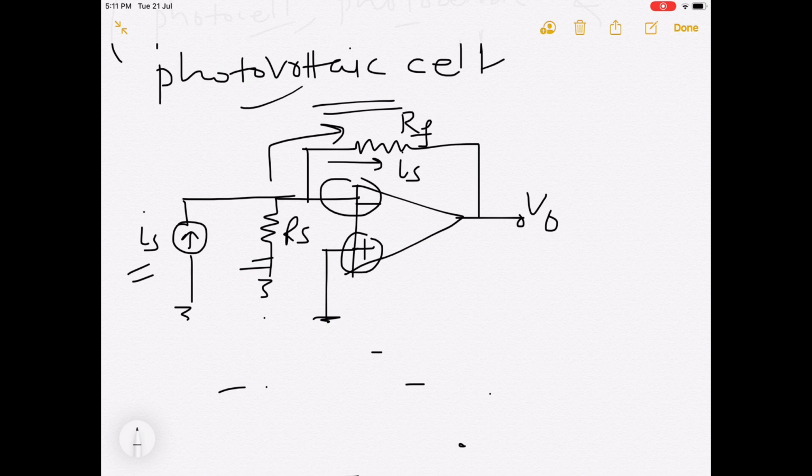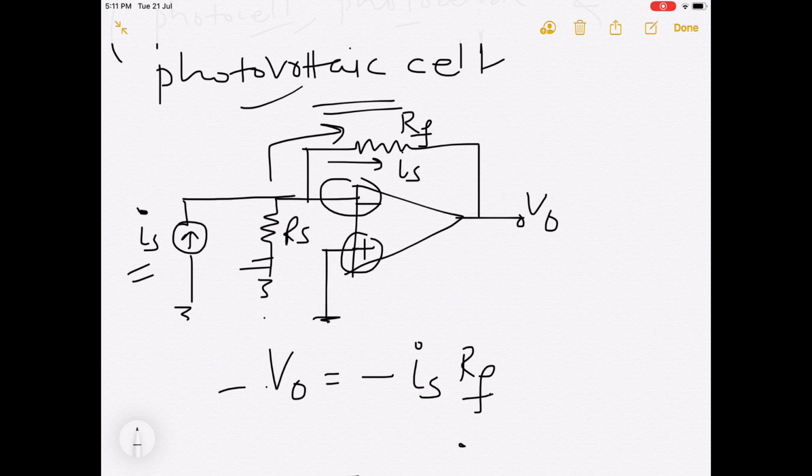Thus, output voltage VO can be written as minus IS into RF, where IS is the current flowing through the inverting terminal. So, VO is equal to minus IS into RF.